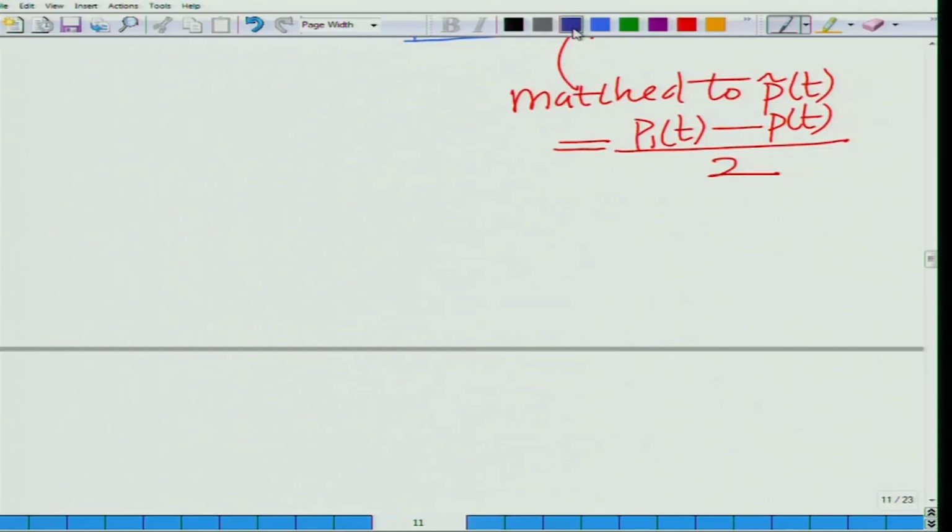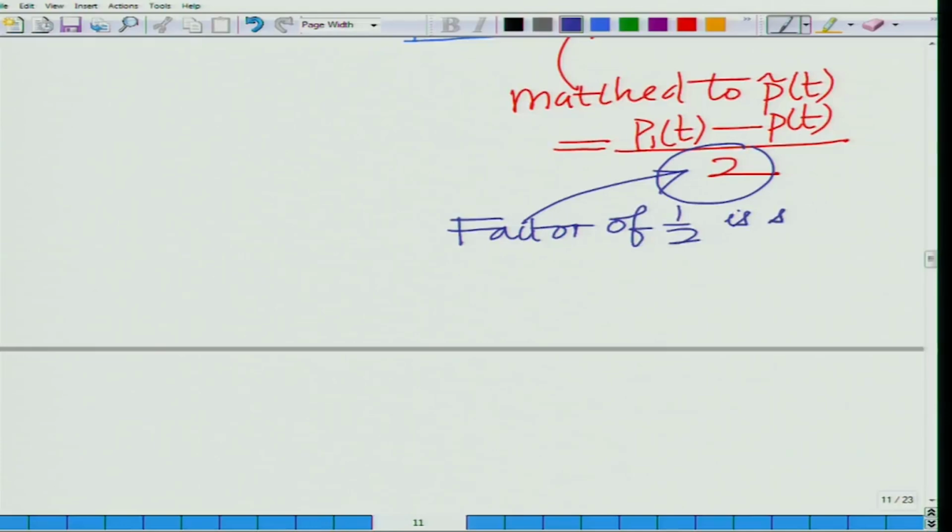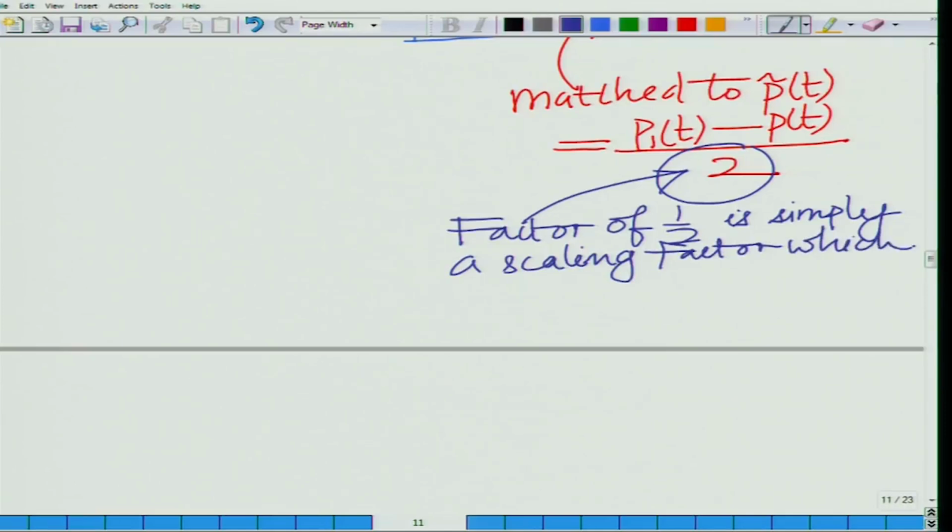Finally, note that this factor of half is simply a scaling factor, it does not affect the SINR.